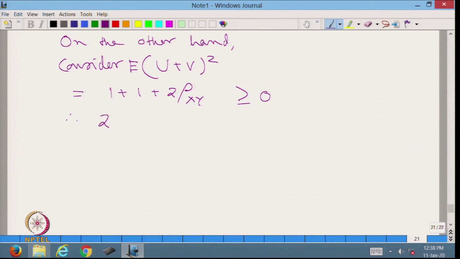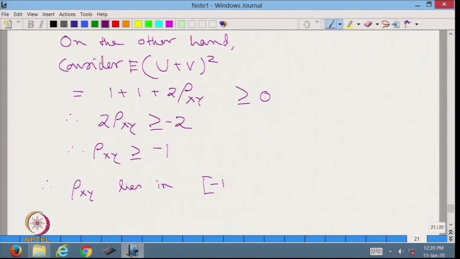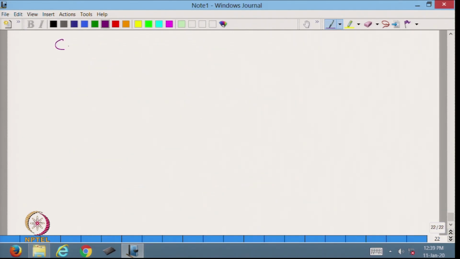Therefore, 2 times rho x y is greater than or equal to minus 2. Therefore, rho x y is greater than or equal to minus 1. So, rho x y, which is the correlation coefficient between x and y, lies in minus 1 to plus 1.